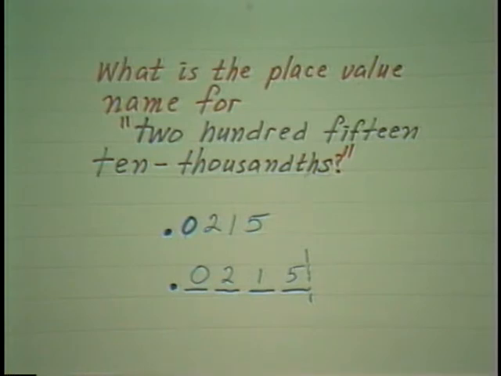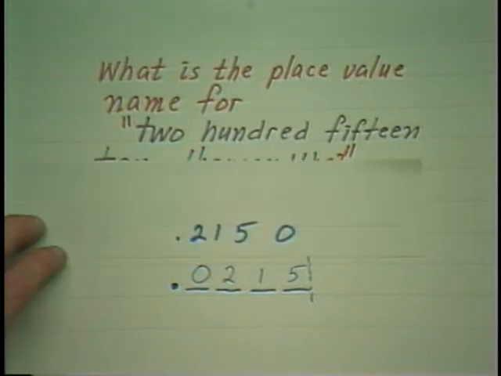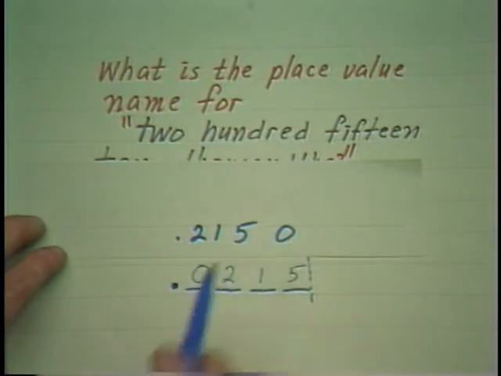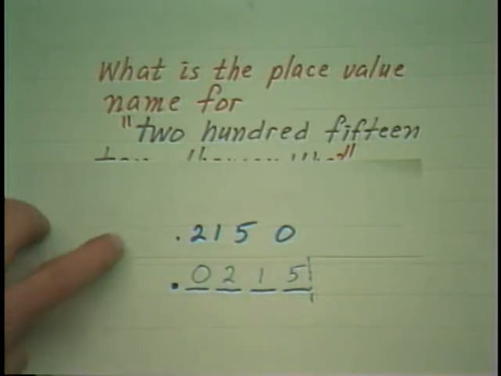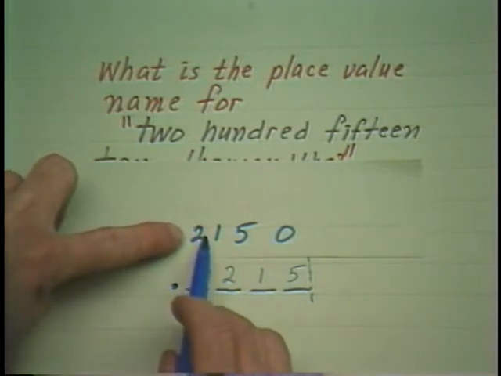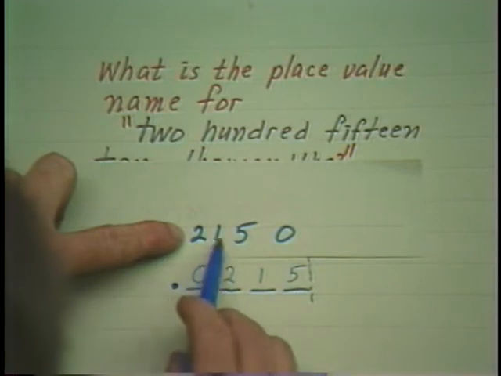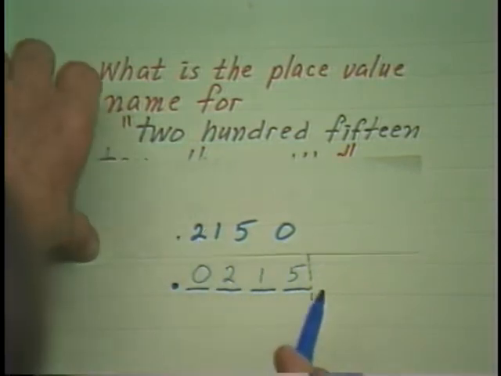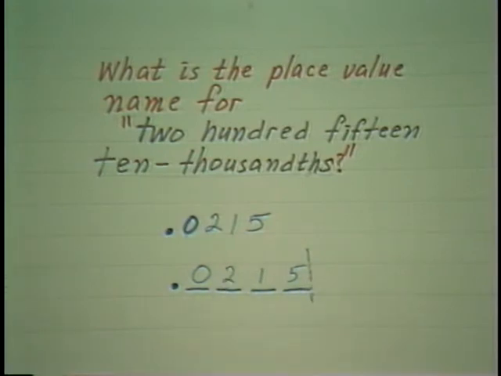Now, if you were to reverse that and write it this way, 215 and stick a 0 here, you wouldn't get it, because if you said this without the decimal point, you'd have 2,150 10,000ths, and this was not to be 2,150, it was to be 215 10,000ths. So this placeholder 0 must go to the front.